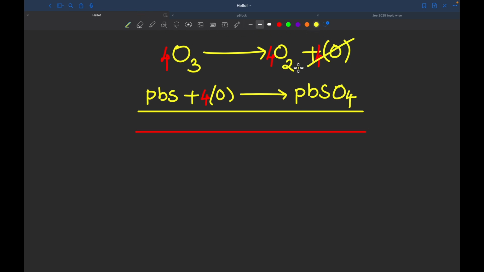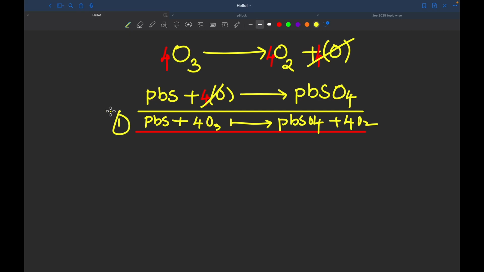What will happen? 4 oxygens get cancelled. So we will get PbS plus 4 moles of O3 gives you PbSO4 plus 4 moles of O2. So this is the first reaction. You don't have to write all these, you have to write only this one for our understanding.